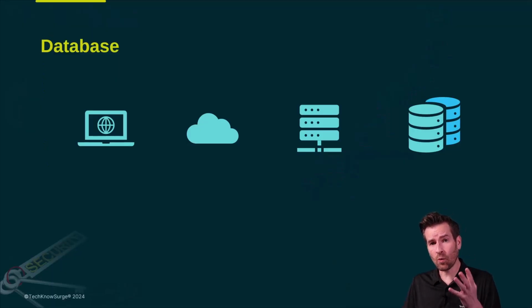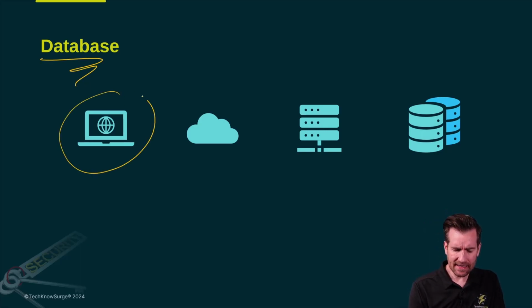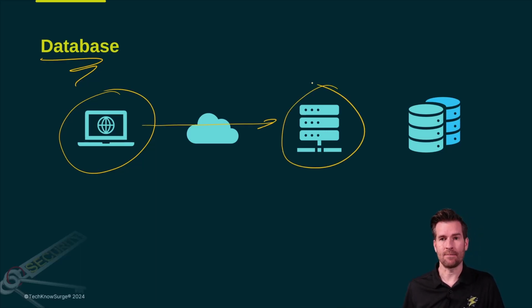Database is a core way that we store a lot of different data. And so let's take a look at what a database is. Let's use an example of a user accessing web servers through the web. And what happens is that web server is what's actually handling the communication between a client and our system.